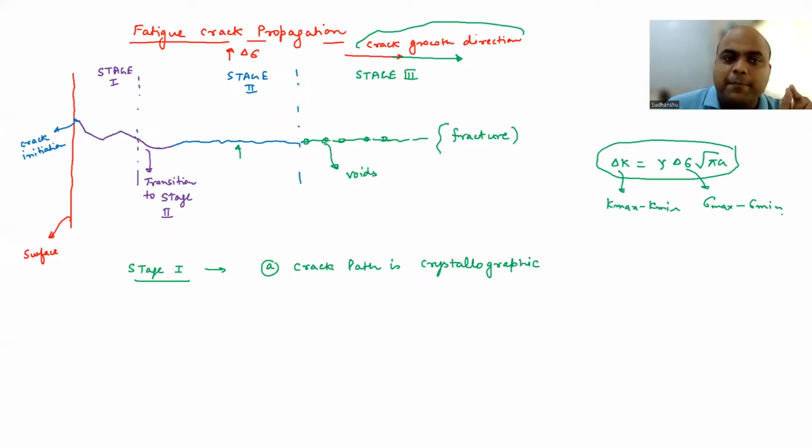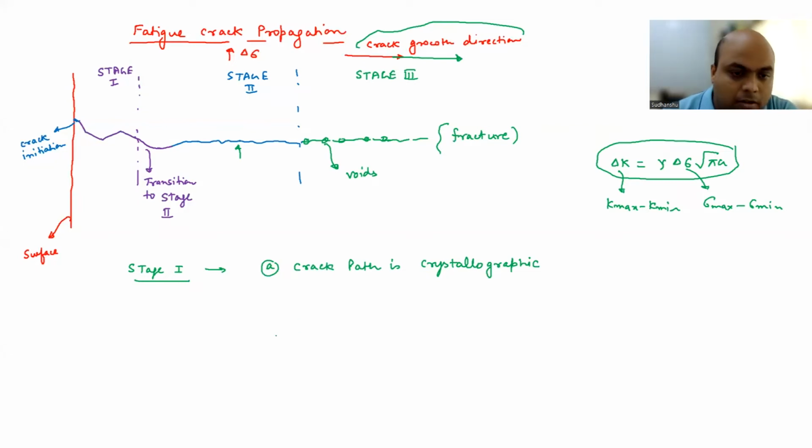So what happens? You are going to activate a single slip system. Depending upon the slip system which is favorably oriented with respect to the loading direction, that will be activated in each grain in stage 1. You can correlate this with your Schmid factor. So the low CRSS value is going to activate first.